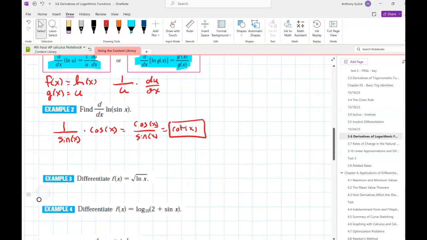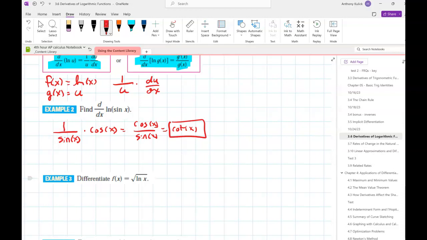Okay. Again, when we said this was going to be kind of an easy lesson, it's not too bad, right? How about this one? The square root of the natural log of x. Chain rule again. What's the outside? Square root of x. So the derivative of that is half inside to the negative half.